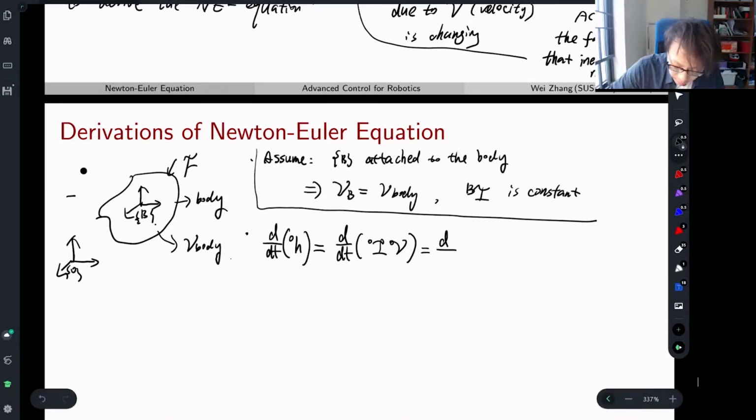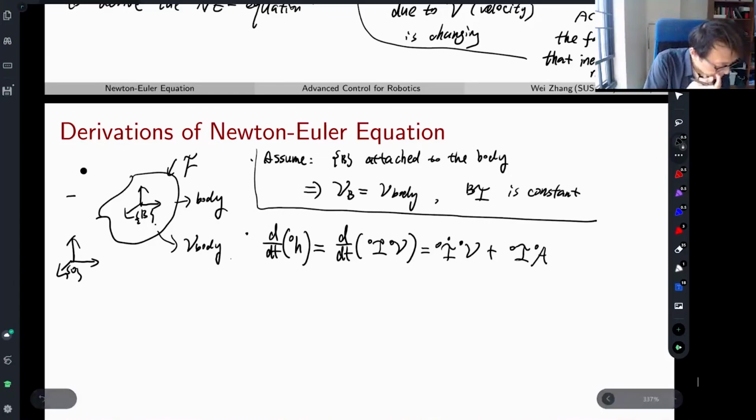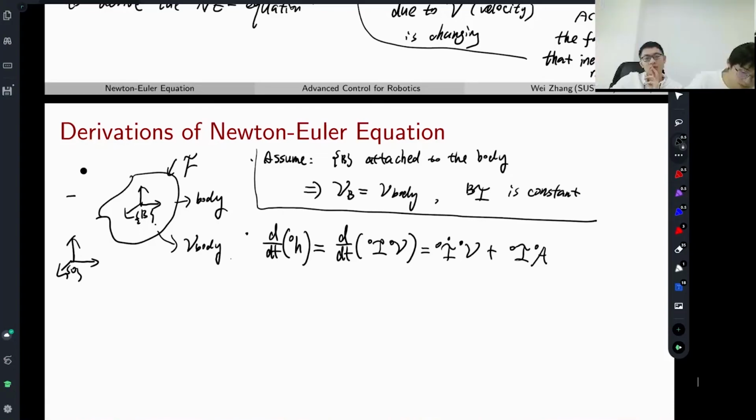The first term is I dot O V of O plus I O times the acceleration in O. Do you agree, Fuzhen?